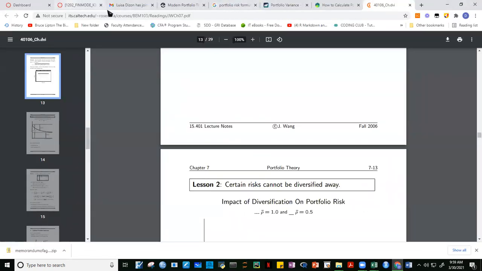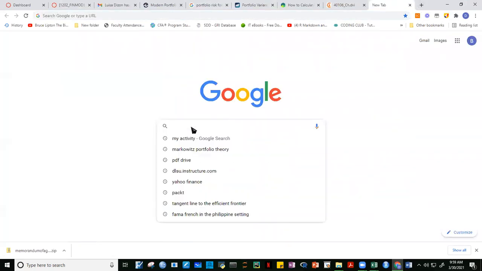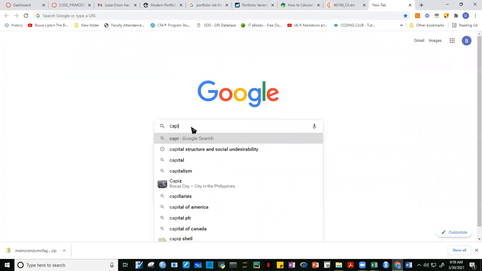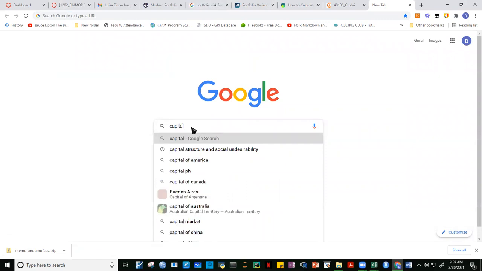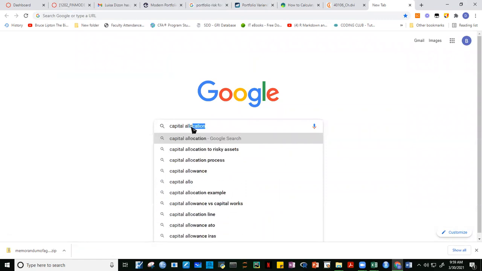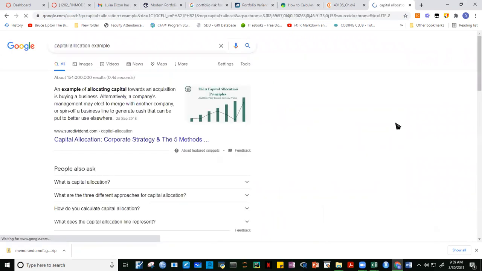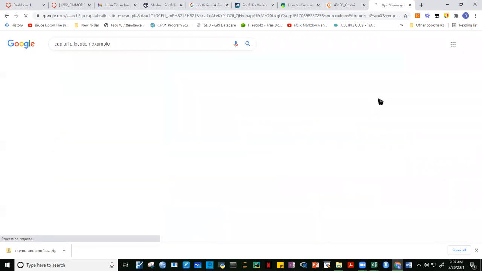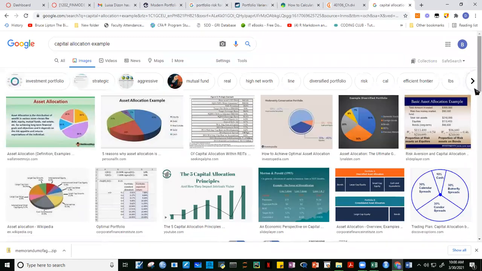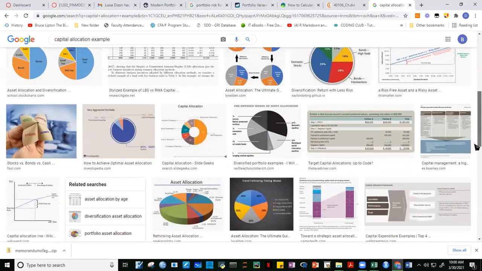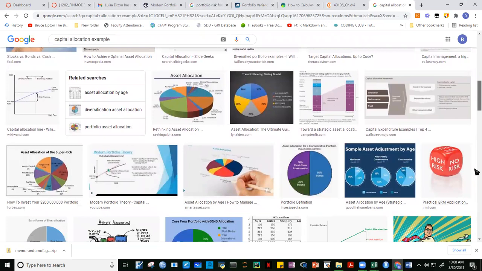Hanapin natin. So let me just show you a sample of that capital allocation line. Kuha tayo ng sample.